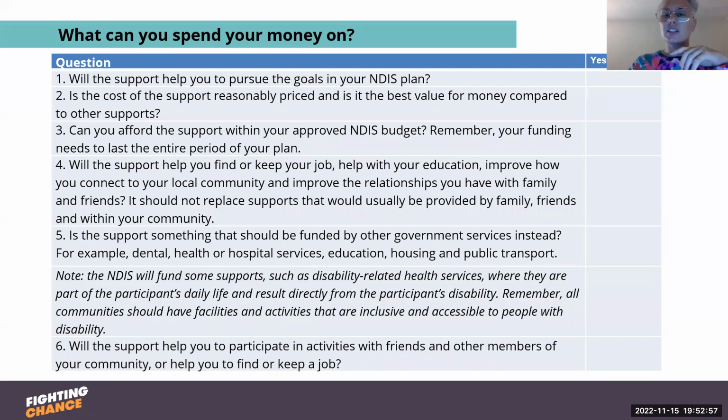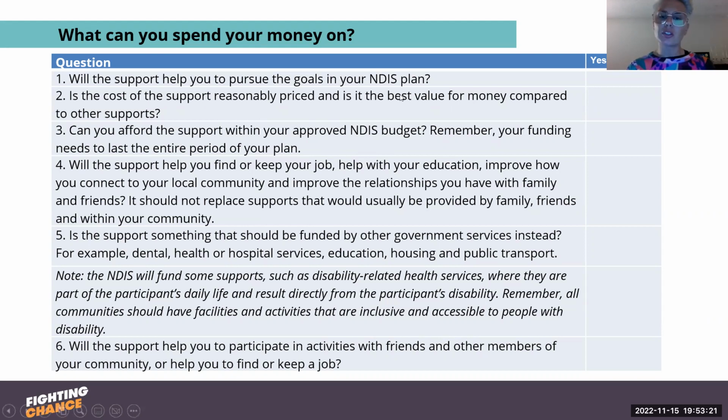This is essentially a little checklist to say, is it linked to my goals? Is it reasonably priced and best value for money? Is the support approved within your NDIS budget? So is the amount going to last?